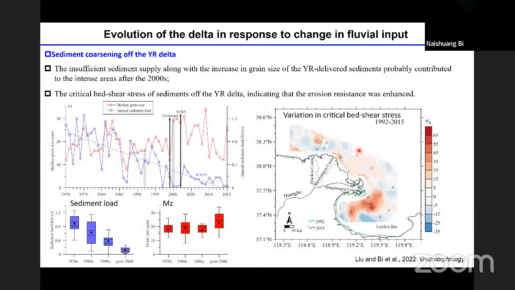The increase in sediment grain size is mainly because of the insufficient sediment supply, along with the increase in grain size of the Yellow River delivered sediment. The increased grain size also caused a significant increase in critical bed shear stress, indicating that the erosion resistance was enhanced.